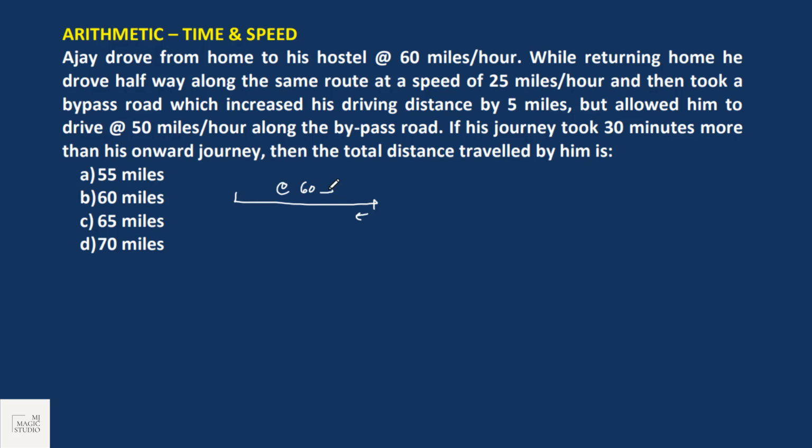While returning, he drove halfway along the same route at a speed of 25 miles per hour, and then he took a bypass road which increased his driving distance by 5 miles, but allowed him to drive at the rate of 50.